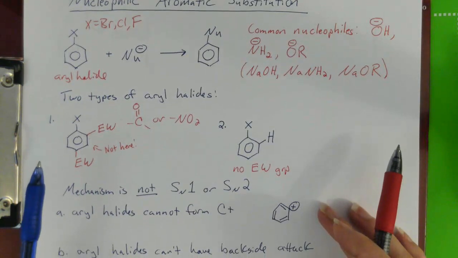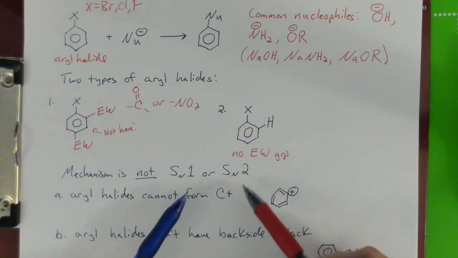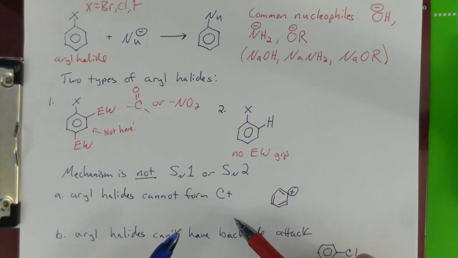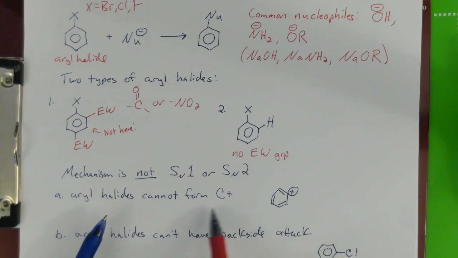So let's take a look at how we know that they can't be SN1 or SN2 mechanisms. We know that aryl halides cannot form a carbocation, right?